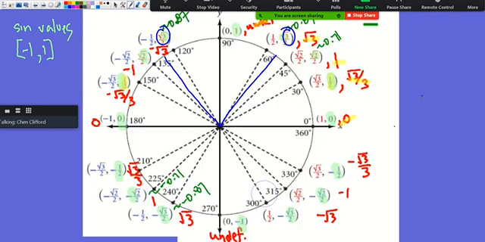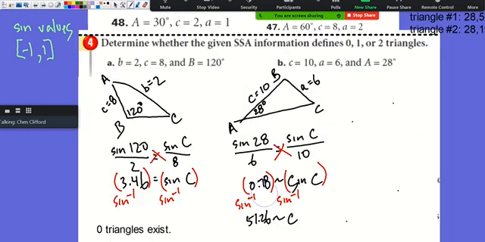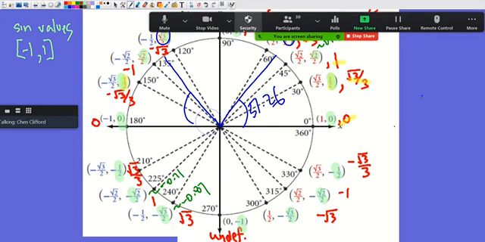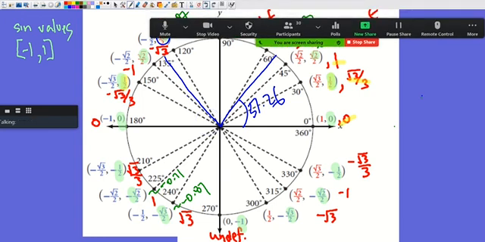So 0.78 is going to be shared by 51.26 and also by 180 minus 51.26, which is 128.74. That angle is called 128.74.